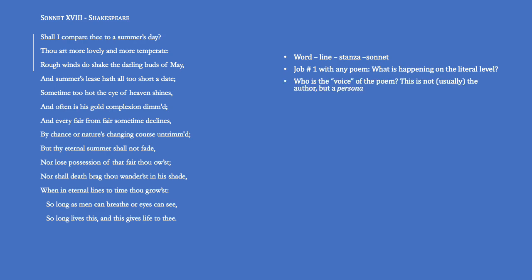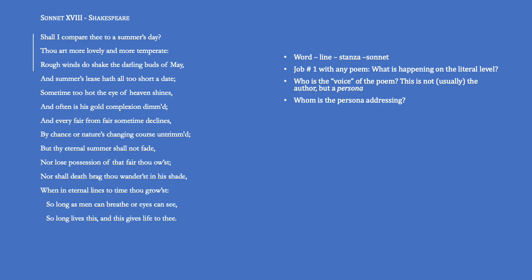You have to determine the voice of the poem. It is not identical with the author. Likewise, the narrator of a story is not identical with the author. But there is a persona. There is a person speaking the poem.